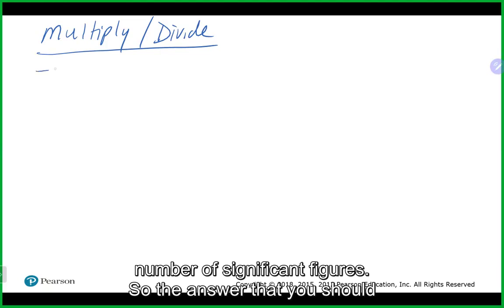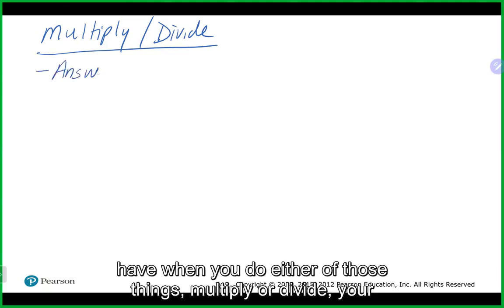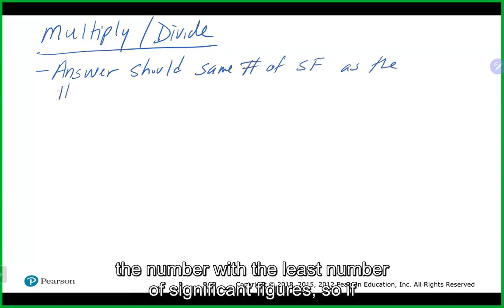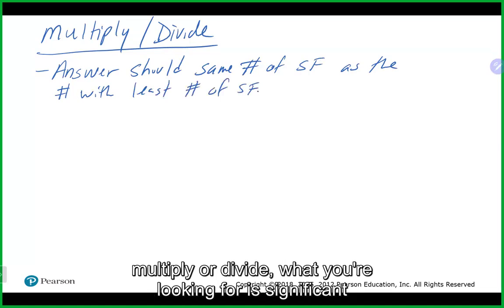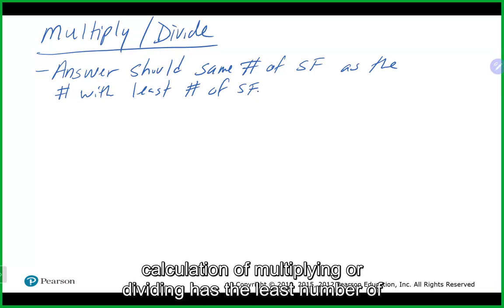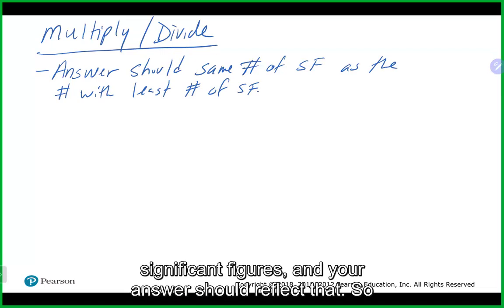So when you multiply or divide, your answer should have the same number of significant figures as the number with the least number of significant figures. You're looking for whatever number in that calculation has the least number of significant figures, and your answer should reflect that.